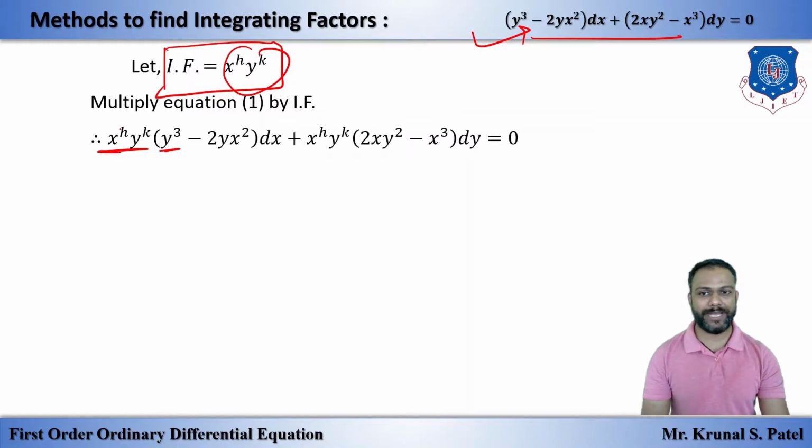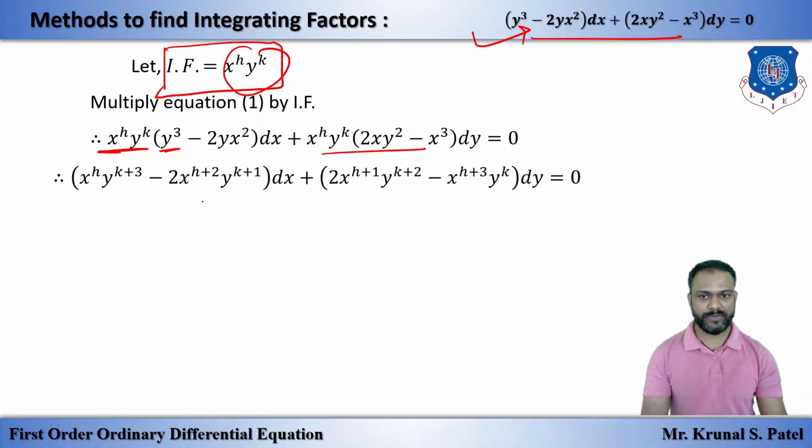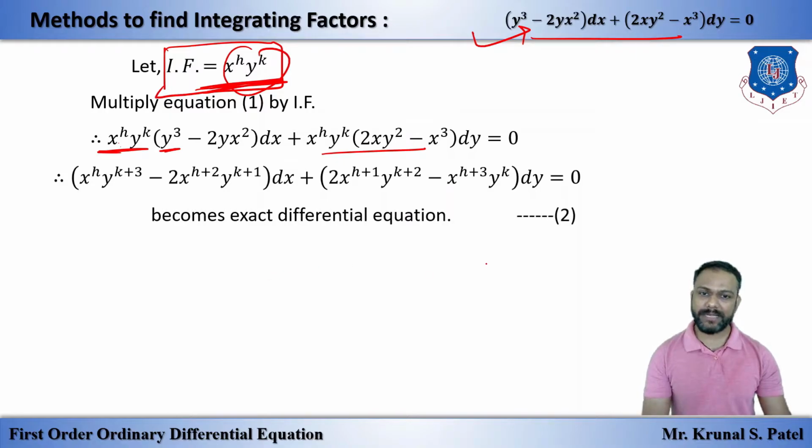So we have x raised to h as it is and y raised to k plus 3. Similarly here y raised to k plus 1, x raised to h plus 2. So we have this term. Now this becomes exact because, as we already said, if you multiply with the IF, then the equation becomes exact. So it becomes exact, say equation number 2.